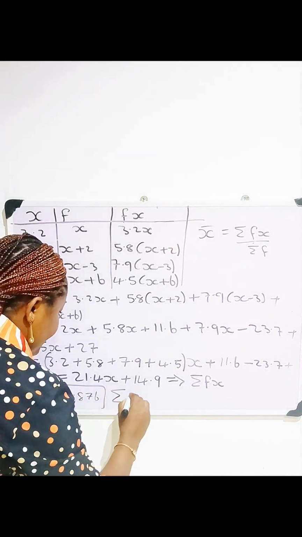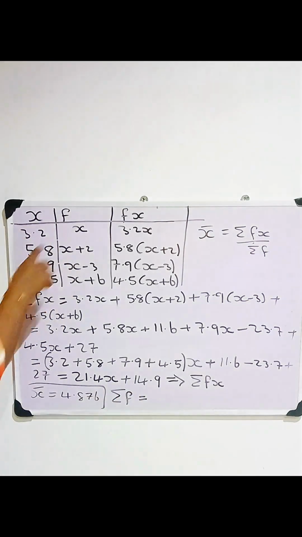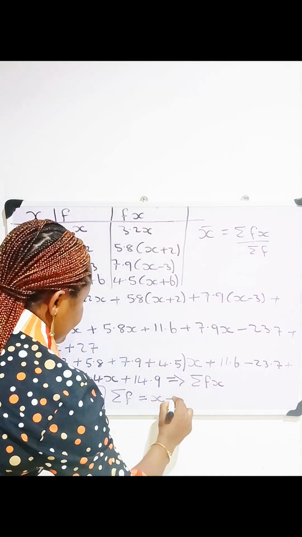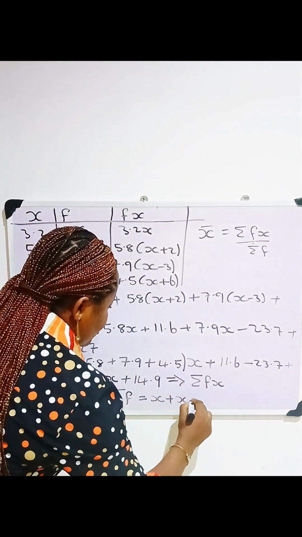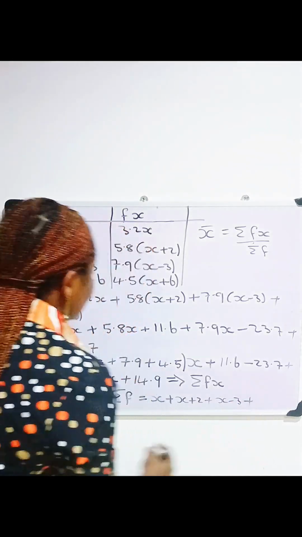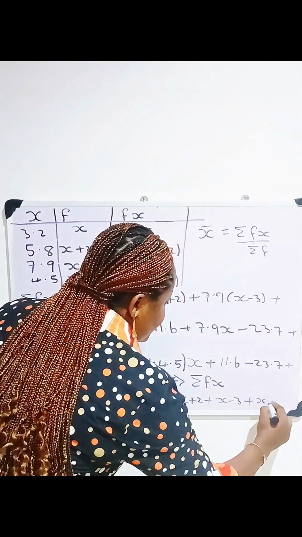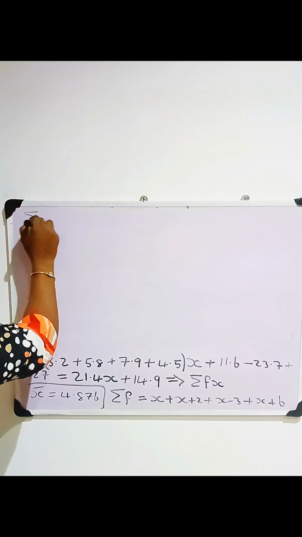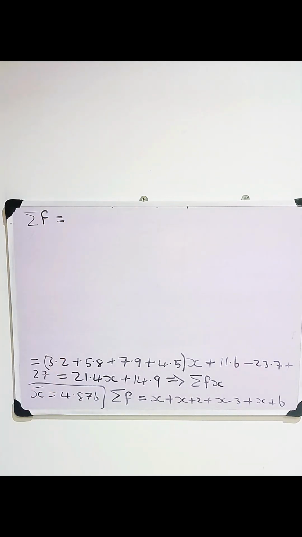Now our sum of f will be equal to x plus 2 plus x minus 3 plus x plus 6. We do the same with like terms.